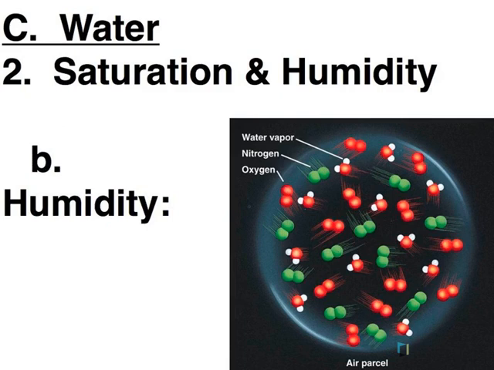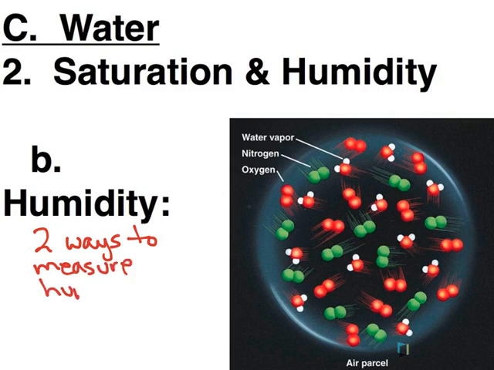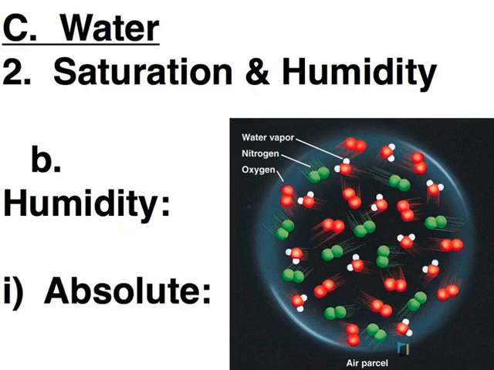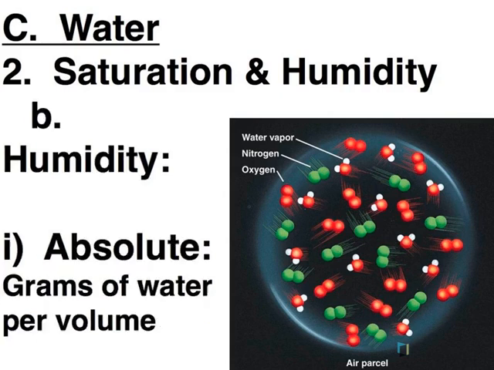Now, humidity has to do with levels of water in the air as well. And it turns out there's two ways to measure humidity. So one way is called absolute humidity. And this is one that you don't normally hear when you listen to the weather forecast. This is the number of grams of water per volume.